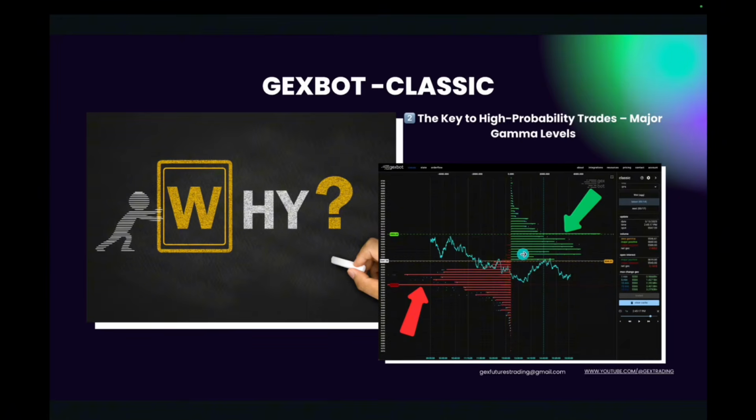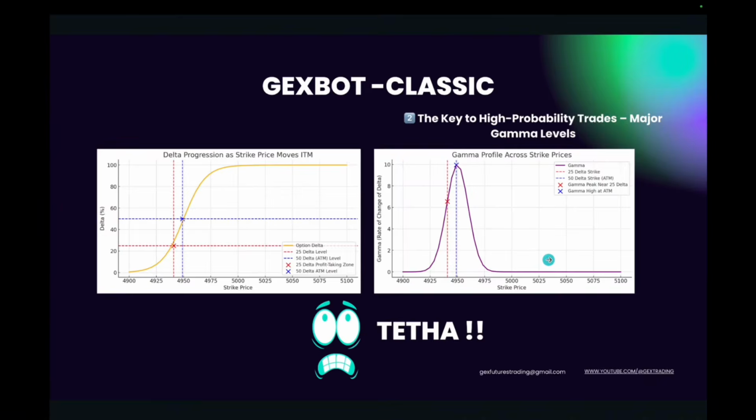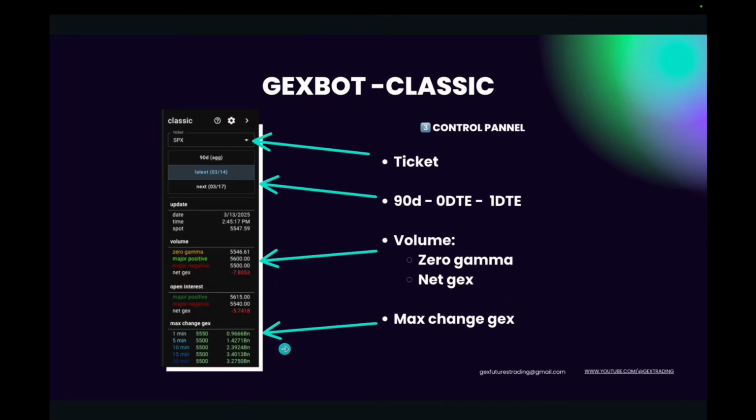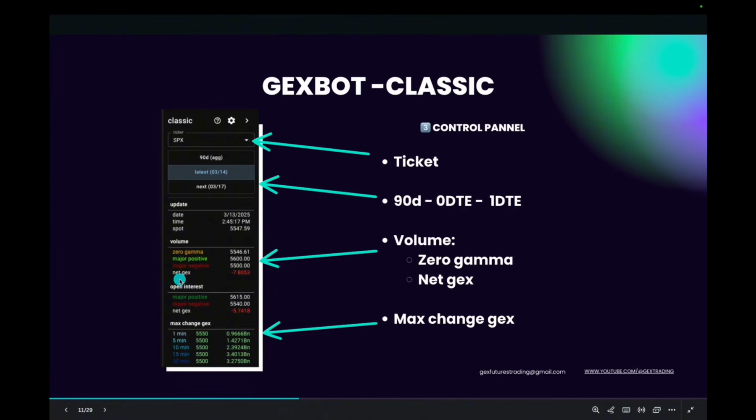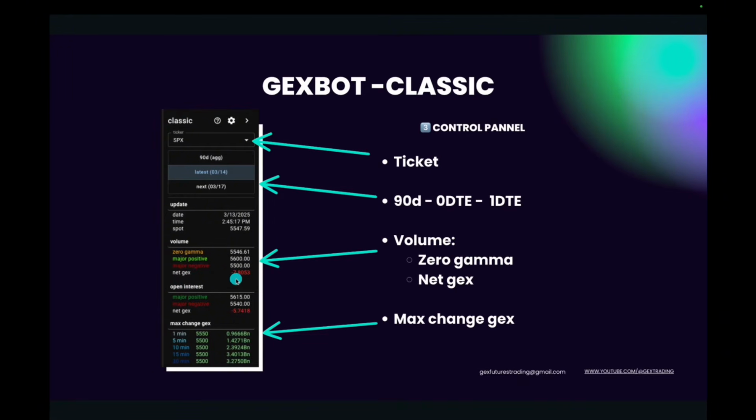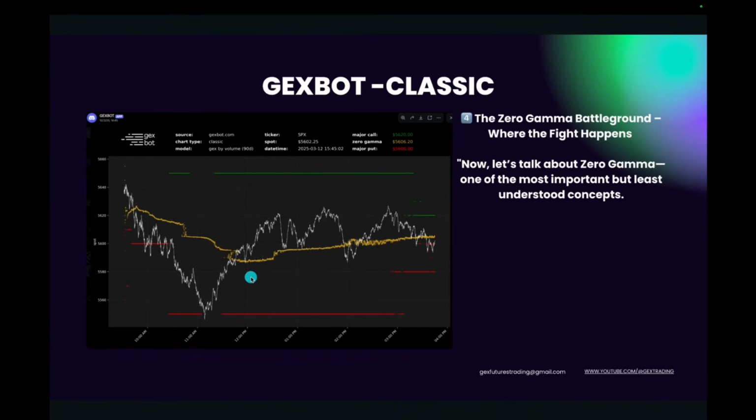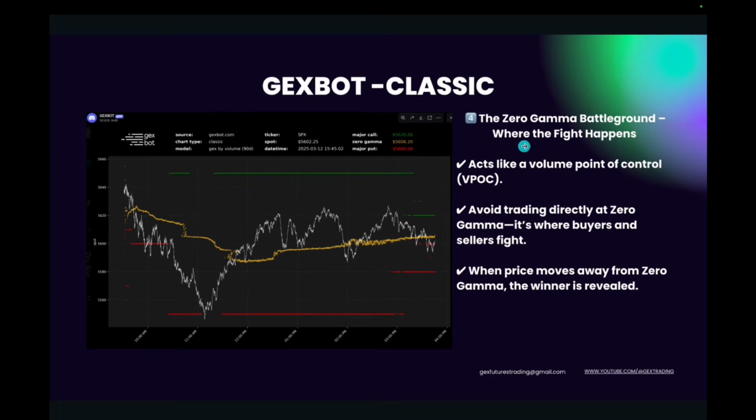It's very difficult to see who is winning, the buyers or the sellers, the call gamma or the put gamma, with just this profile. But this is why this panel is so important. The net gamma exposure shows that the sellers are winning at the moment. It's more selling pressure.